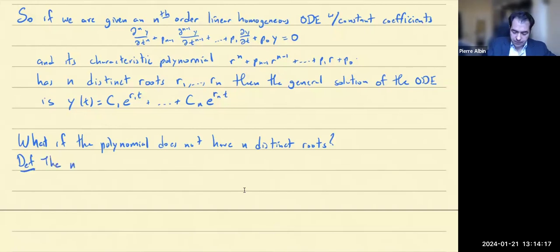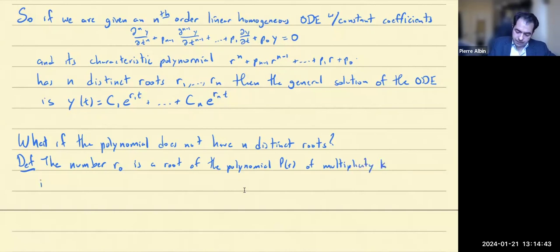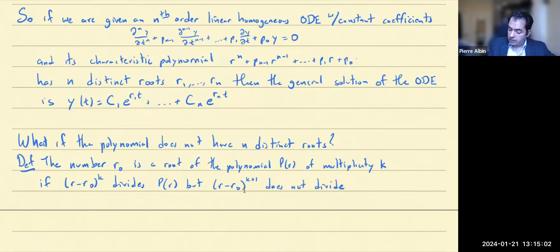The number r naught is a root of the polynomial p of r of multiplicity k if r minus r naught to the k divides p of r, but r minus r naught to the k plus 1 does not divide p of r.